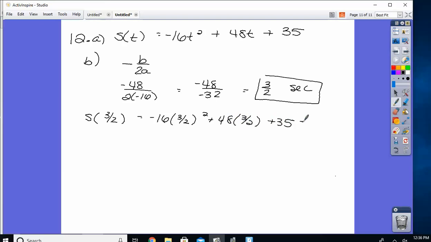So if we do that, we get 71 feet. If I just said give me the vertex as an ordered pair, make sure you write it as an ordered pair that way. Here I asked 2 separate questions.